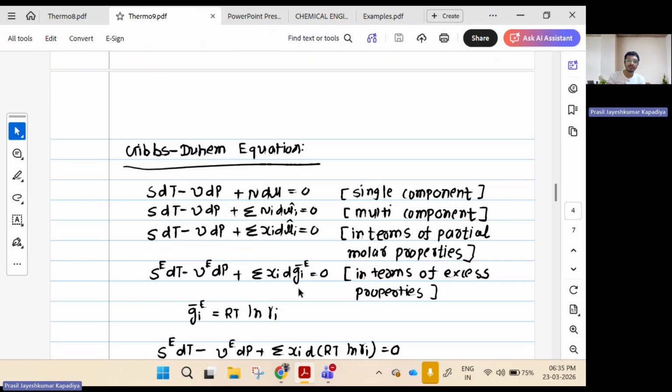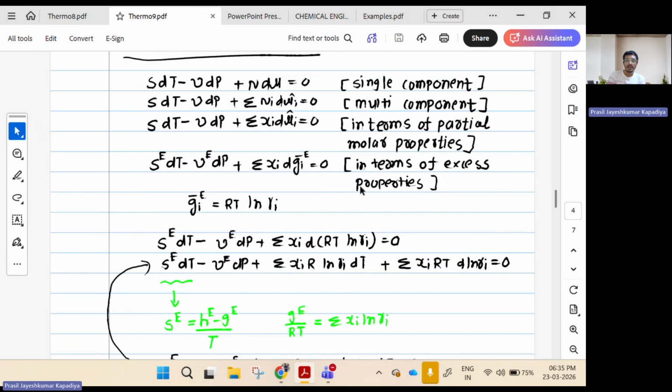Gi bar excess. Okay, so now let's try to replace this Gi bar excess in terms of activity coefficient. We just found out that Gi bar excess is nothing but RT into ln gamma i. So if I replace this, SE dT minus VE dP plus Xi differential of RT ln gamma i is equal to 0.